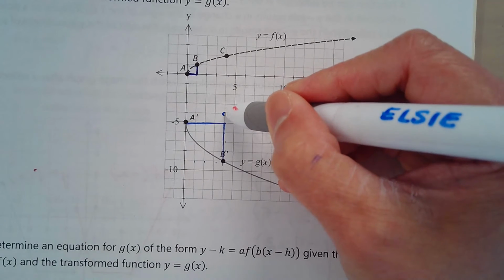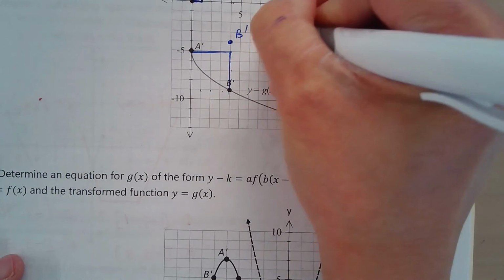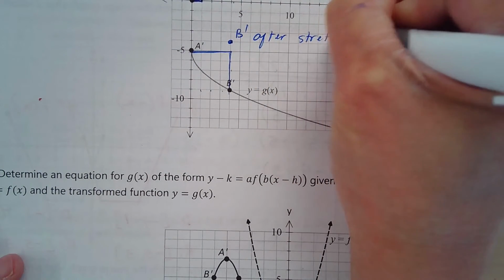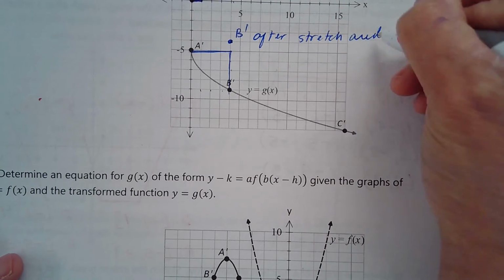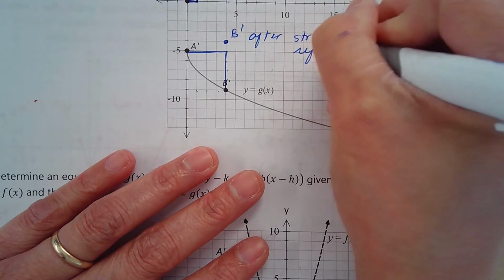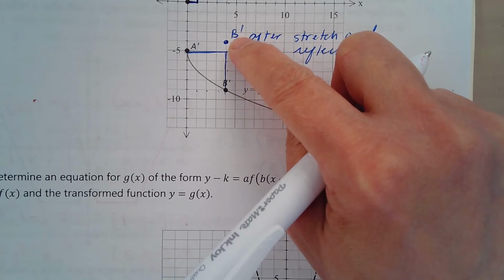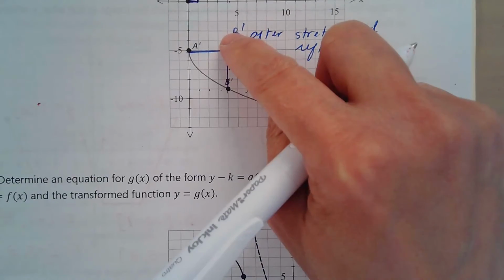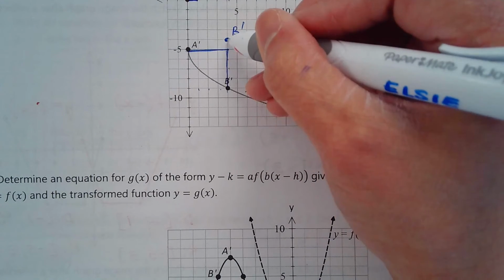That's not where it is right now. Okay, so what happened here is that this is B prime after stretching and reflection, but that's not all that happened. It went from here horizontally, it's in the right place, but vertically it's not.